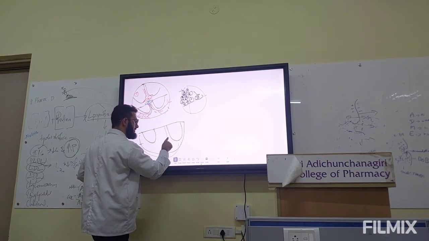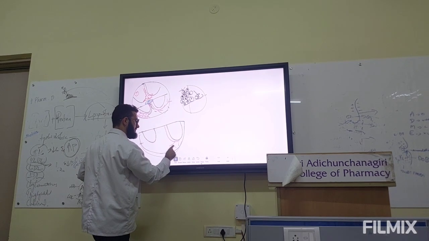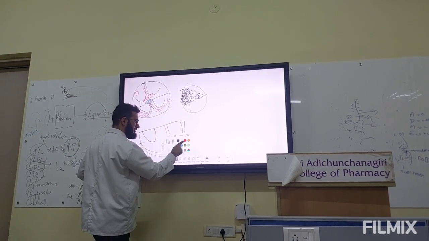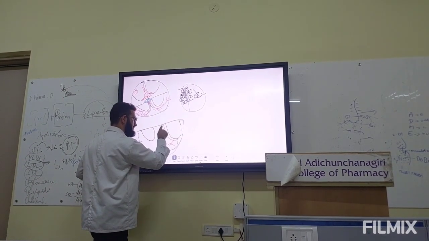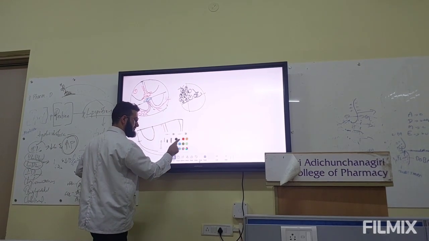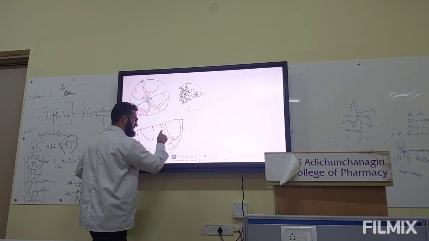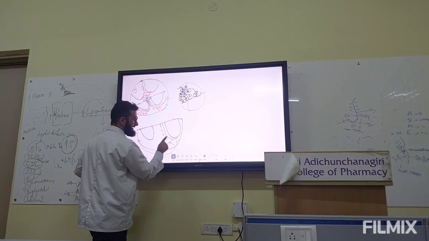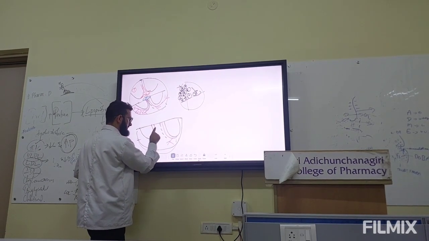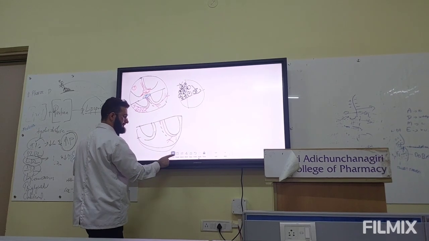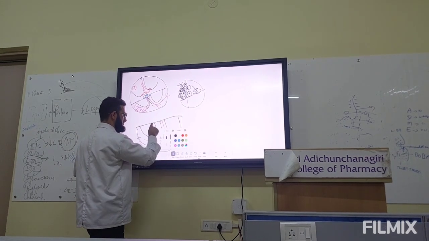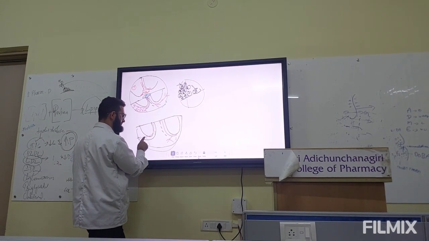This is the bundle of His. This is the fibrous tissue which acts as the insulator, but there are some gaps, okay? And on the right side there is no gap. There is no gap junction, okay?